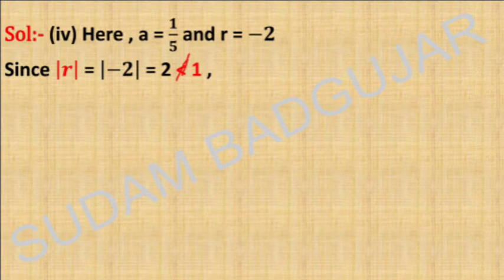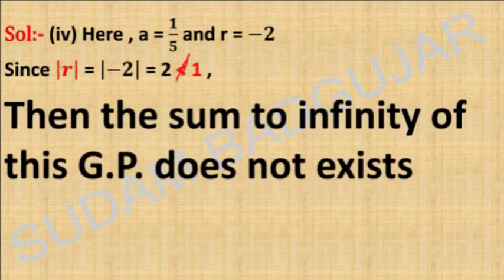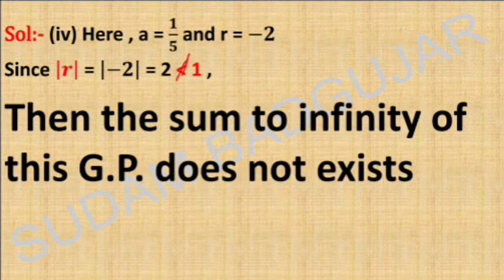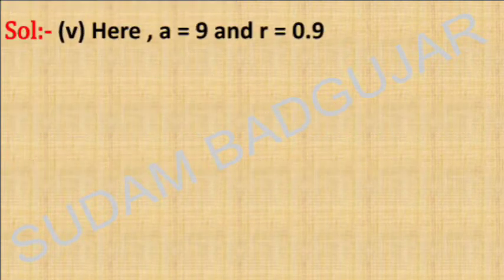So here the condition is not satisfied, hence the sum does not exist. Then the sum to infinity of GP does not exist. Okay, we cannot find its addition because the condition fails. So you must remember the condition, absolute value of R must be less than 1. If it is not, then directly you have to mention that the sum does not exist.